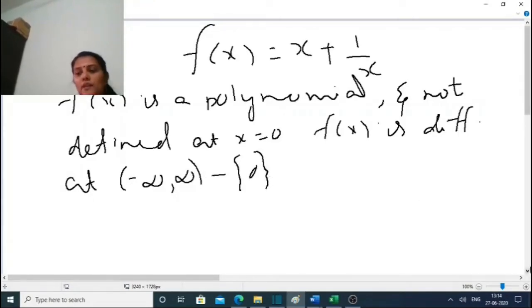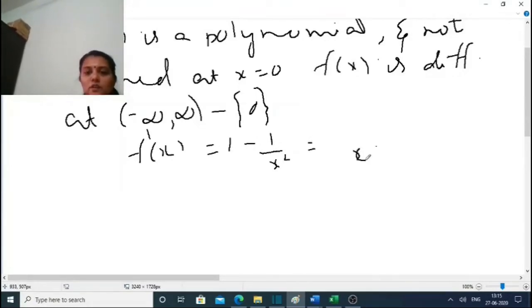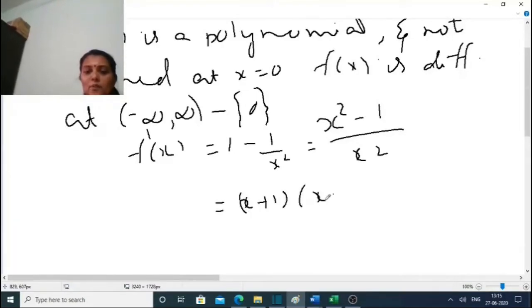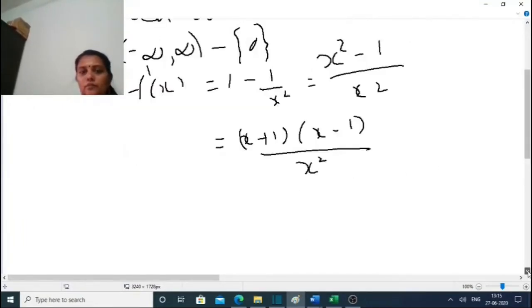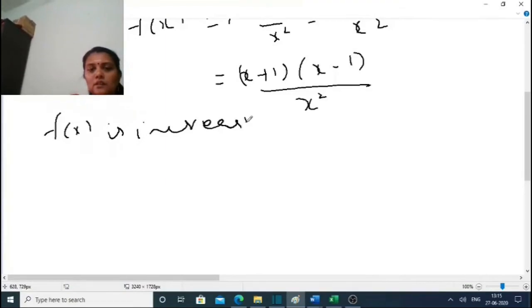Now we have to find the derivative. f dash x equal to 1 minus 1 by x square, which is equal to x square minus 1 by x square, taking the LCM x square, which is equal to x plus 1 into x minus 1 by x square. Now f of x is increasing when f dash x greater than 0.